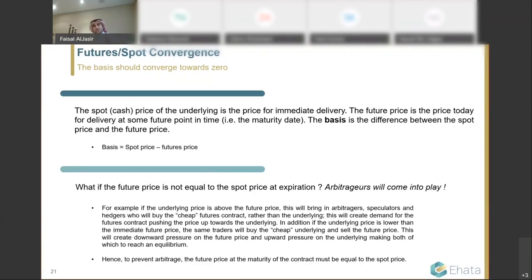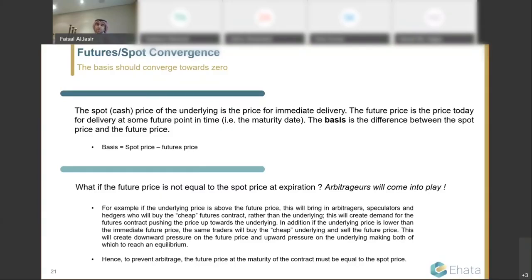The basis in this case is the difference between the spot and future prices. So if we are close to delivery or close to expiry time, this should get minimized the closer we go to the expiry date.